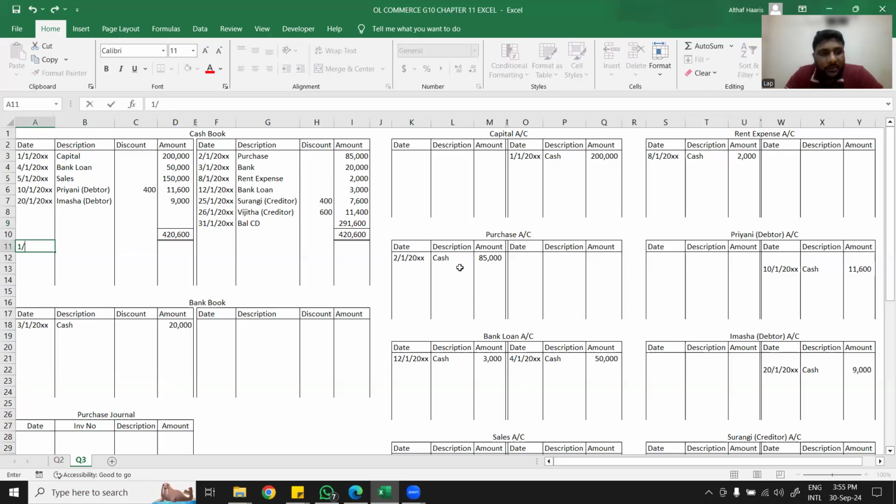Then 1st February 20XX, balance BF 291,600. We have balanced the cash account.